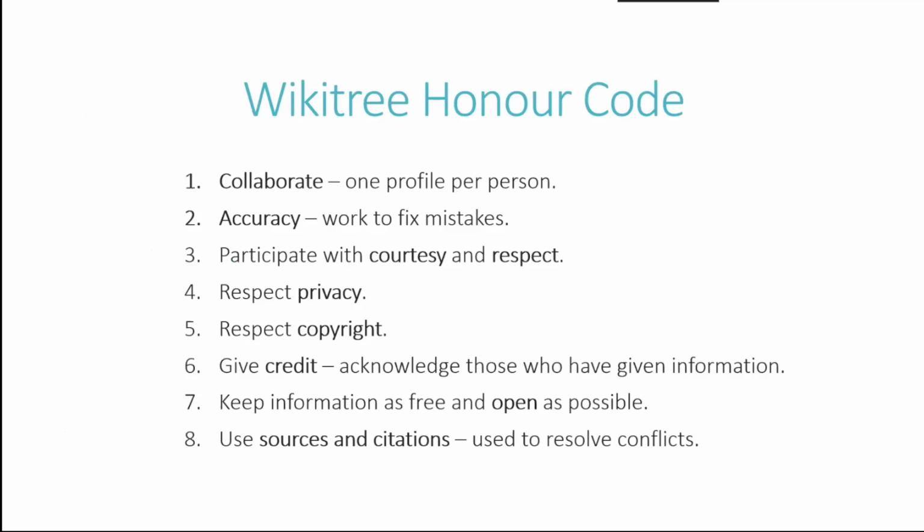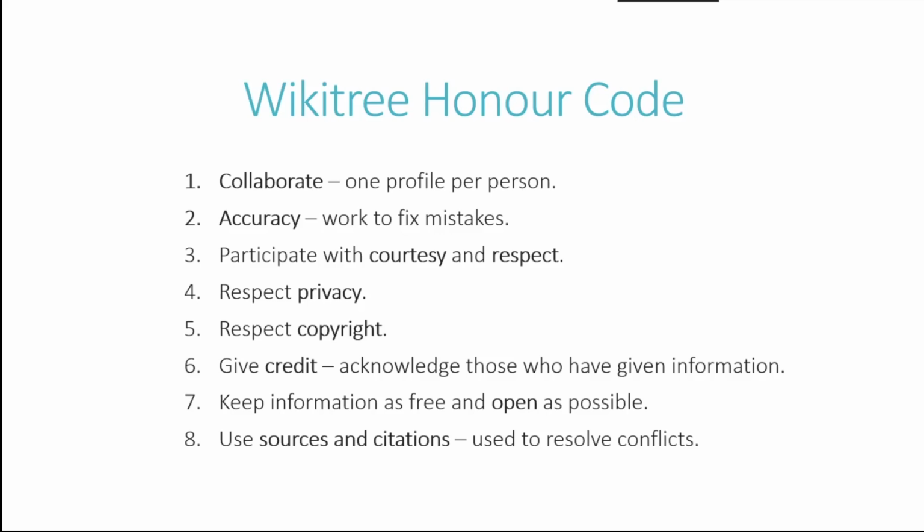I've mentioned the Wikitree honor code, and that is important to get to the highest level. You've got to be willing to collaborate. And the idea of collaboration is that there is one profile on Wikitree per person. And if there ends up being multiple profiles, you must be willing to merge the profiles to create just a single profile per person.